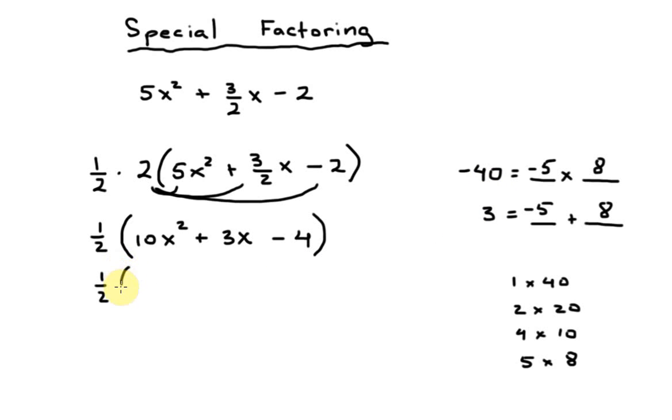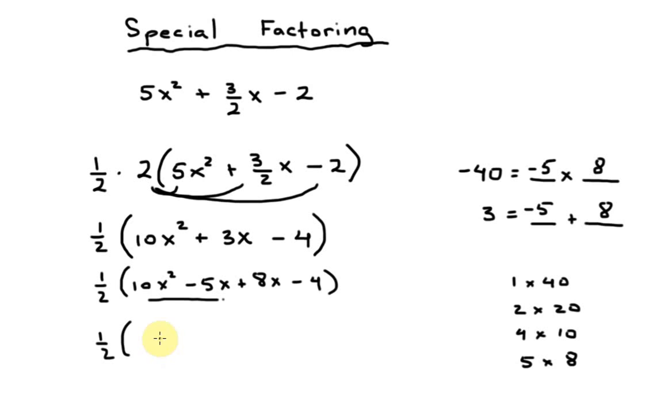Now I'm going to put them to work. So I leave my first term, and I rewrite the 3x using my magic numbers in whatever order: negative 5x plus 8x minus 4. And I'm going to take the greatest common factor out of the first 2 terms.